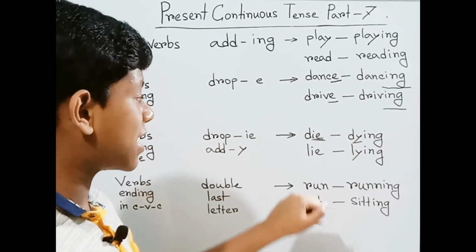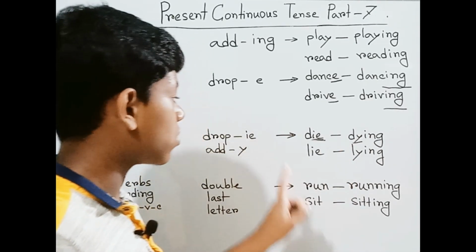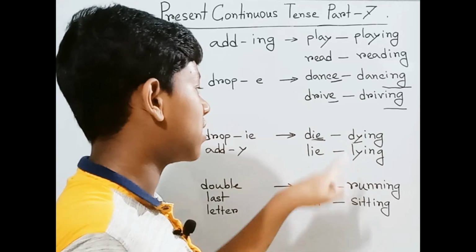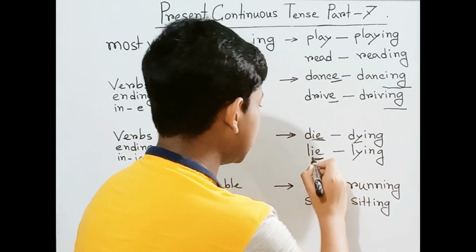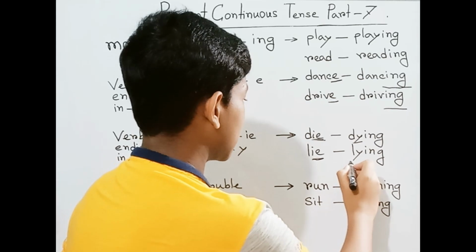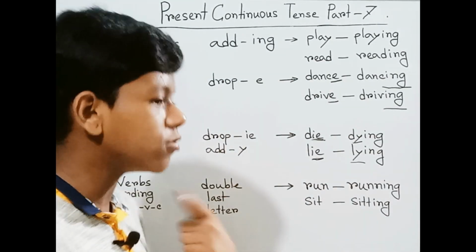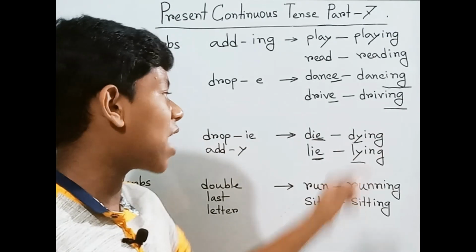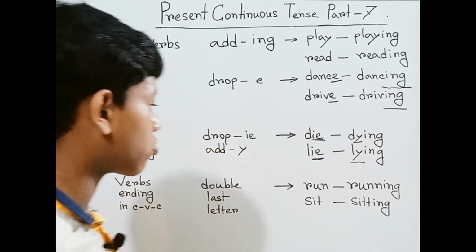Die, dying, because we have dropped the ie and added the y. Same here, lie, lying. Just drop the ie and then add the y. After this, you can simply add the ing like before. I hope you have understood.